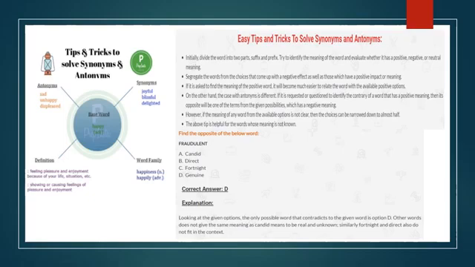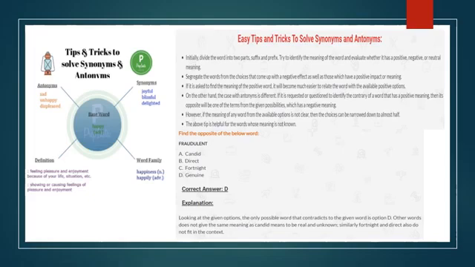Segregate the words from the choices into those that have a negative effect and those which have a positive impact or meaning. If you are asked to find the meaning of a positive word, it will become much easier to relate the word with the available positive options. If it is a positive word and you want a synonym, look for the positive option. If it's a positive word, look for the negative option if it's an antonym you have to find. On the other hand, the case with antonyms is different.